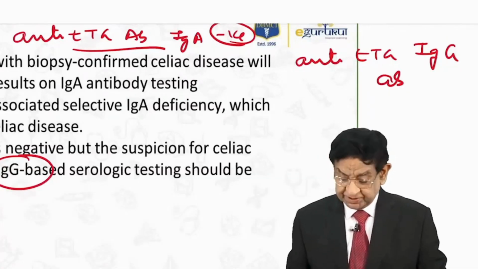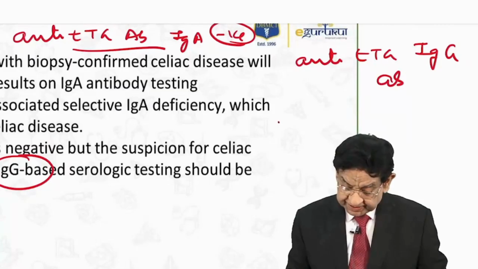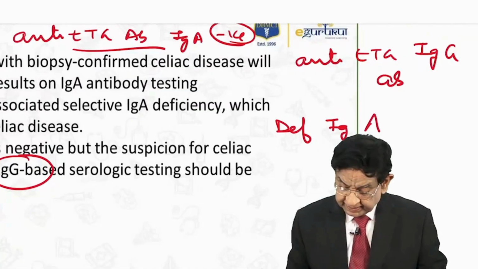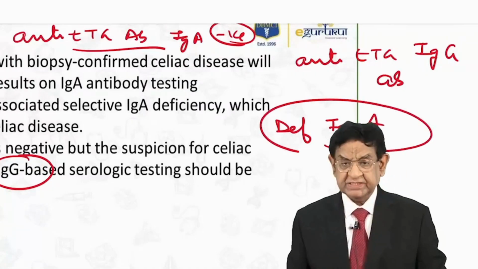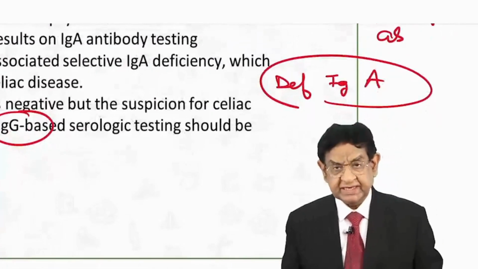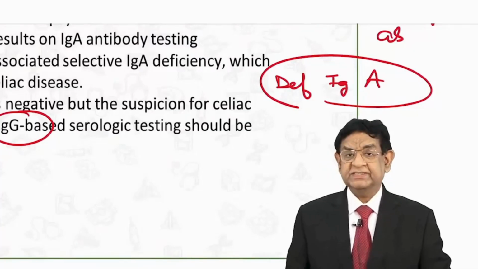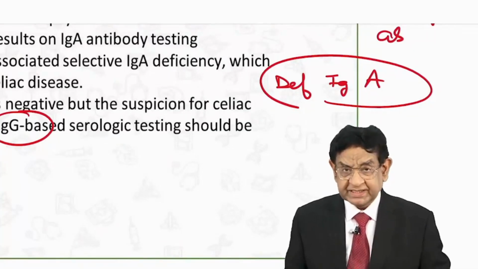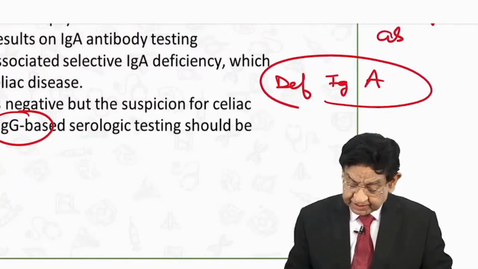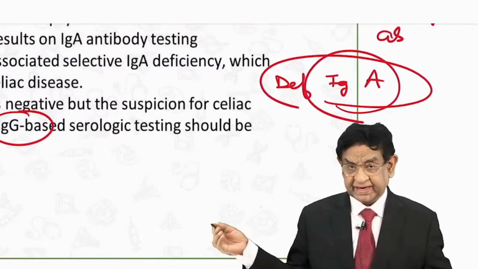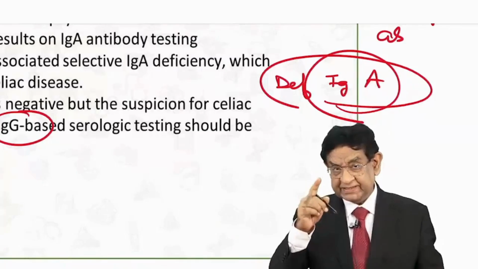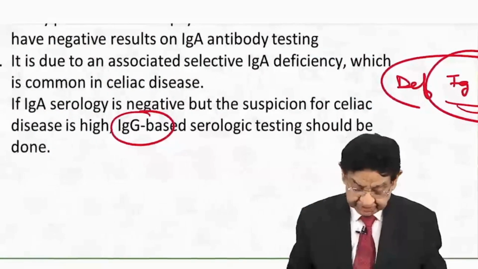Because these patients may have deficiency of IgA. IgA deficiency is a feature that we can see in a case of celiac disease. The IgA is deficient. In such cases, the TTG test which we have done using IgA antibody will be negative. But in that case, the IgG test will be positive.